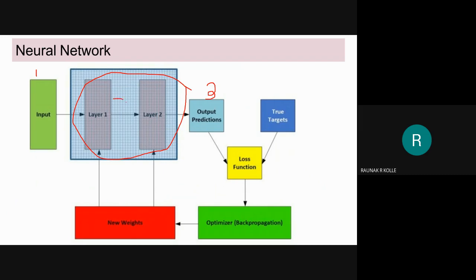The second layer, layer 1 and layer 2, consists of transforming the input using new weights. Notice how a cycle is formed here with the output, where output predictions and true targets combine to form the loss function, which is given as backpropagation to the new weights, which in turn helps improve the hidden layer, that is layer 1, layer 2 outputs.